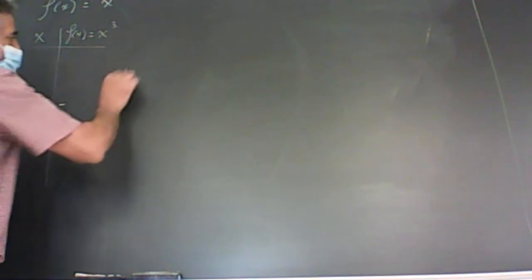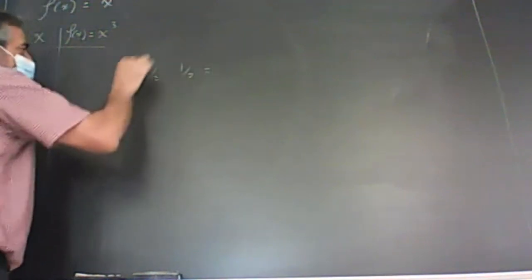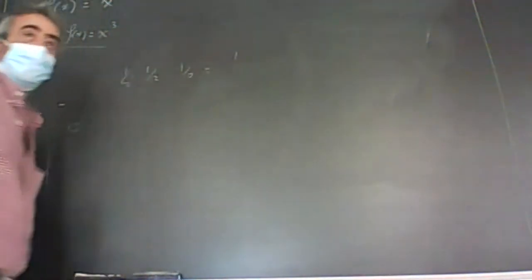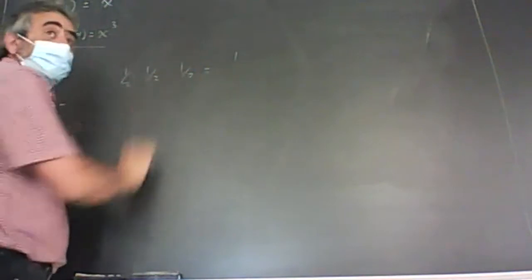That's going to be a negative, and then 1/2 times 1/2 times 1/2 would be 1 times 1 times 1, which is 1, and 2 times 2 times 2 would be 8. So that will give me negative 1/8. How about 1/2? Same thing except not negative.